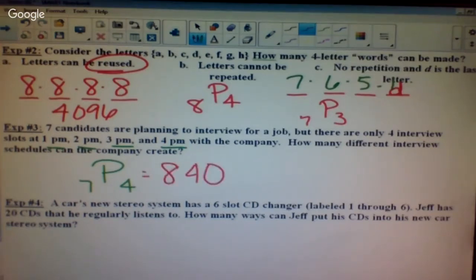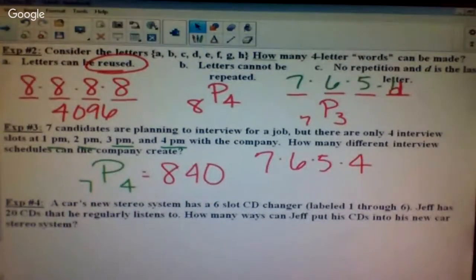You would hit 7, hit math, go over to probability, and it's choice 2. And then you would hit 4. So what your calculator just did for you is 7 times 6 times 5 times 4 in one button. So again, you could have done 7 times 6 times 5 times 4. The same thing. Okay?